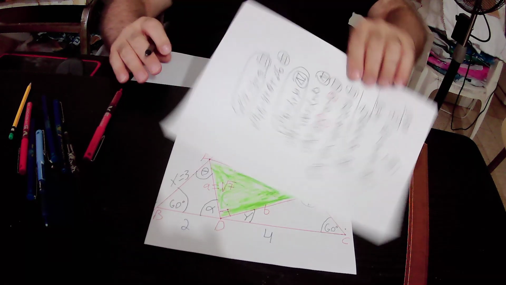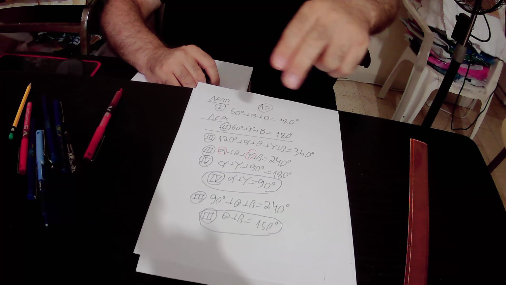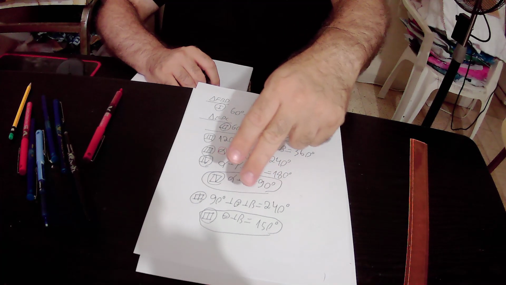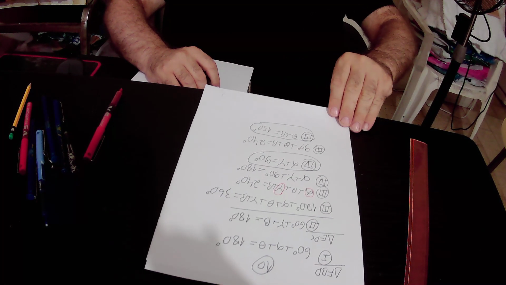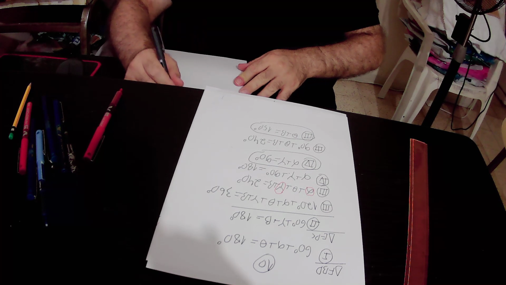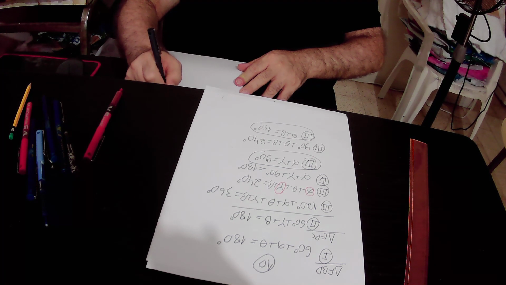Theta plus beta equals 150 degrees. Here we will subtract theta from both sides, and we will get that beta equals 150 degrees minus theta.